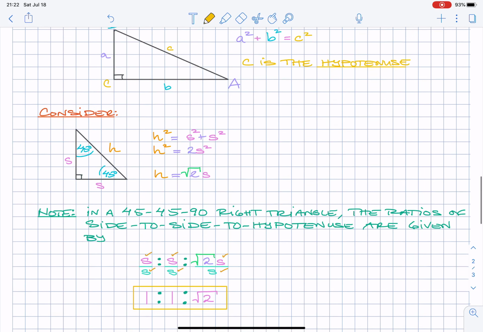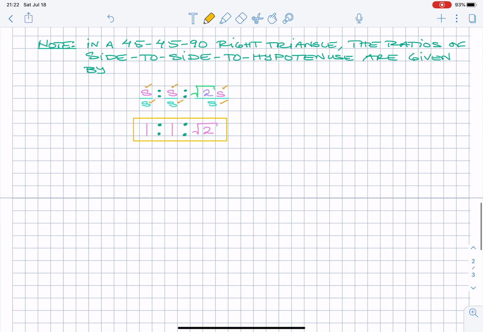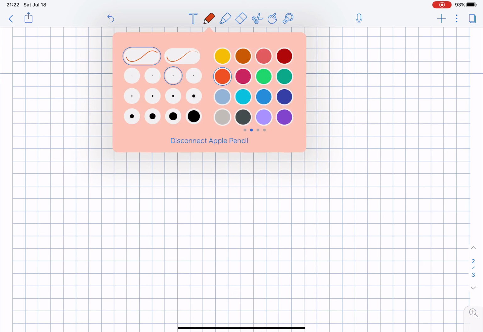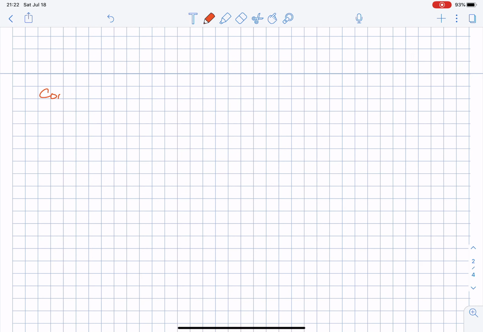Okay, so once again, I'm going to consider a different type of triangle. So let me use this color. So now I'm going to consider an equilateral triangle, meaning a triangle with equal sides.